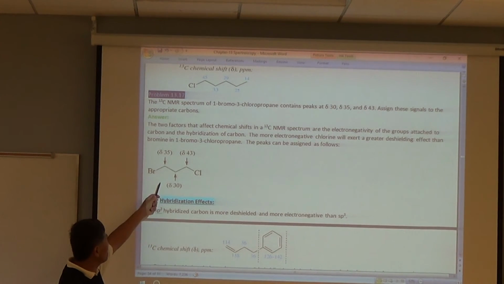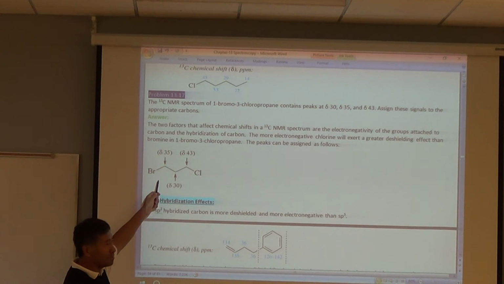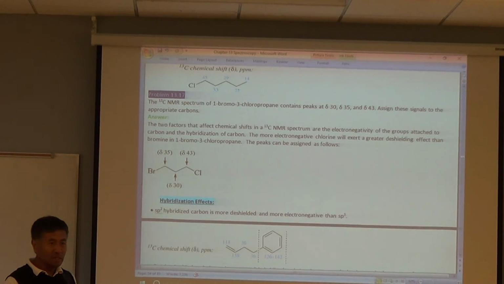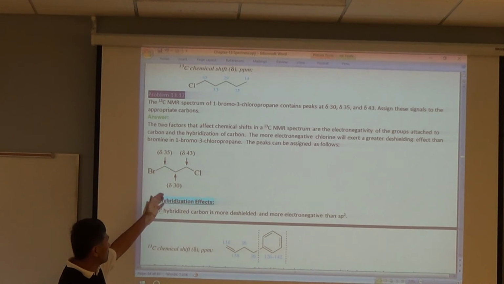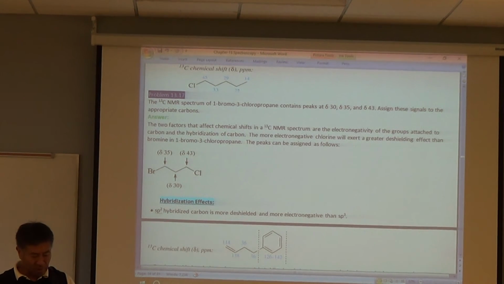On the other side, you have Br. Br is less electronegative than Cl, so it is more shielded, and we have a relatively smaller number of 35. The middle one is not really close to Br or Cl, so it is more shielded than the other carbons. You get about 30.